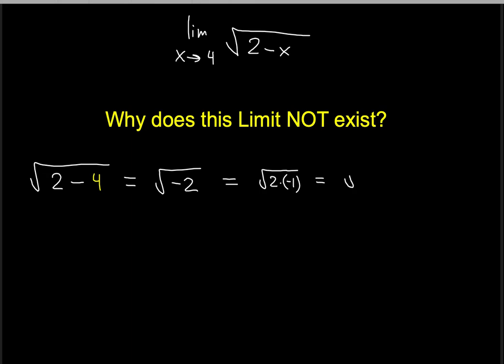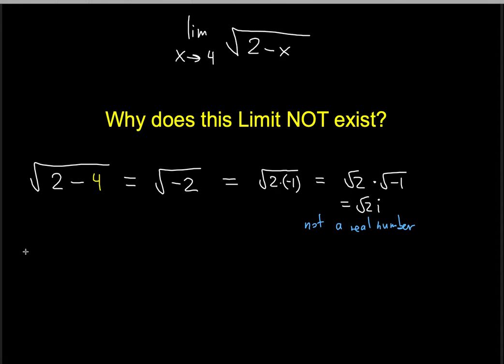And that gives us radical 2 times square root of -1, which is equal to radical 2i. Now, i is an imaginary number, right? So we can write this as not a real number. Okay, this is not a real number.